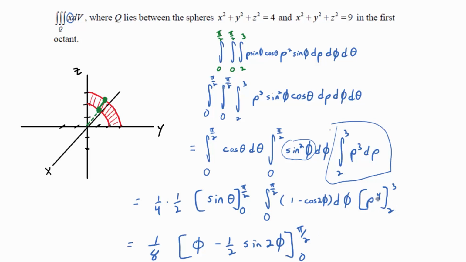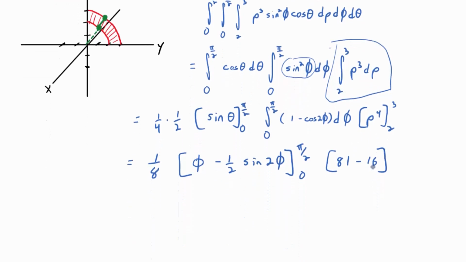And then what do we get? When we plug in the upper limit, what's 3 to the 4th? That's 81. 81 minus 2 to the 4th, 16. So what does this turn out to be? 1/8 times pi halves, and then when we plug in pi halves, we end up taking the sine of pi, which is 0.